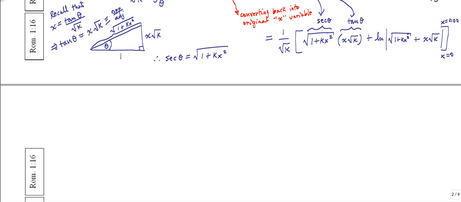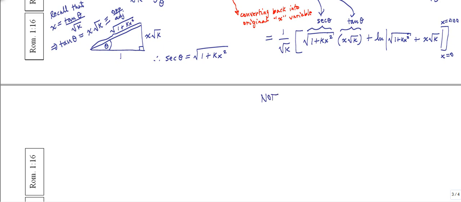Alright, so I think it's pretty evident that the lower limit when x is 0 is going to make this term 0 because you have x times all this stuff. So 0 times all that is still going to be 0. And likewise, this term back here is going to drop out. And interestingly enough, this term here is just going to reduce to the 1, but then the natural log of 1 is 0. So let me just make a note here.